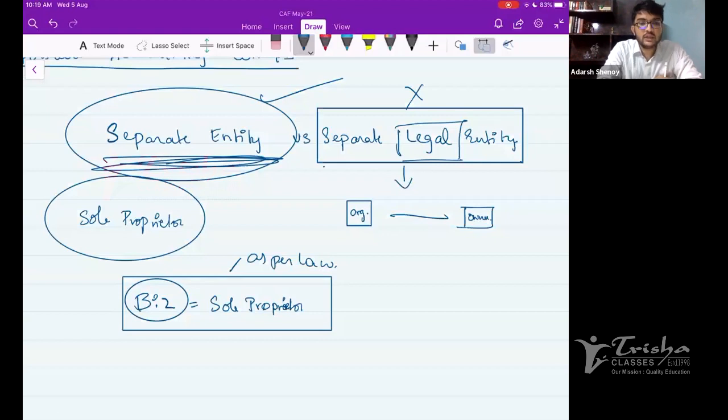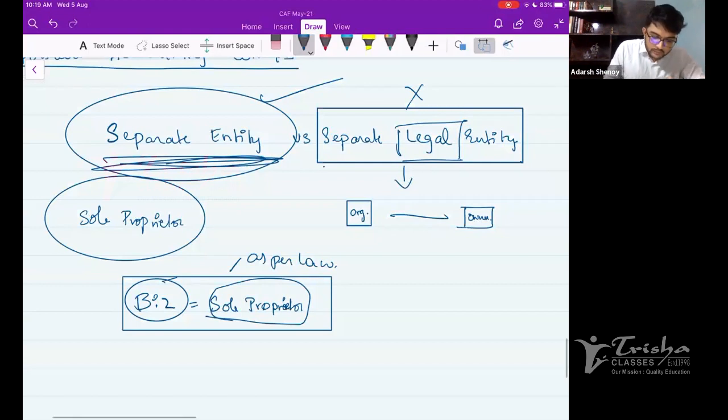We show it as a deduction from his capital because it is his personal tax. The law doesn't tax the business. Income tax is not charged on the business because as per the law, the business of a sole proprietor is not different from him. In accounting, we make the separation, but not in law.